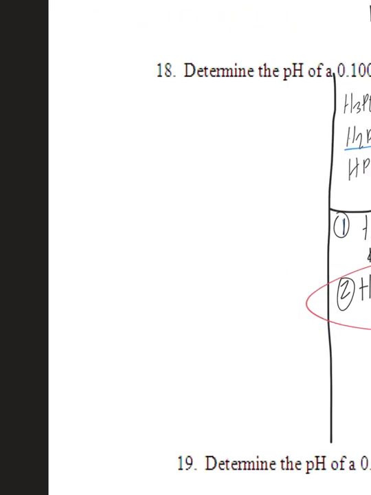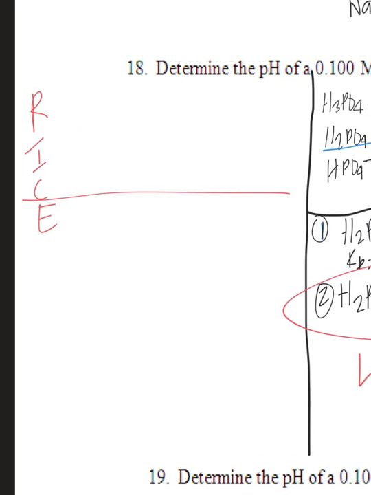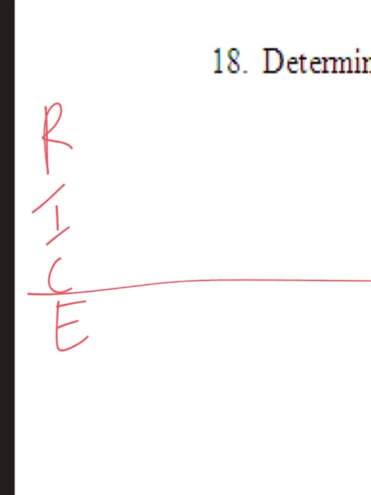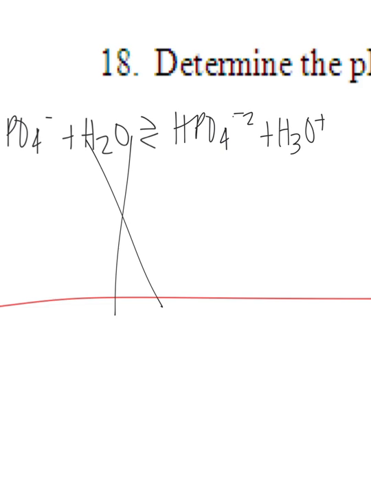All right, so I'm going to do my RICE table with the equation that I just came up with. So ooh, that's super ugly. H2PO4 minus plus water, double arrow, HPO4 2 minus plus H3O plus. Okay, I get to cross out water.